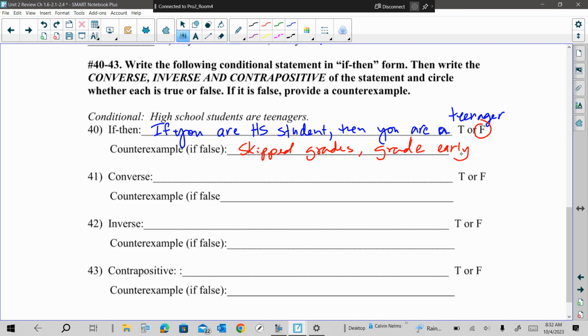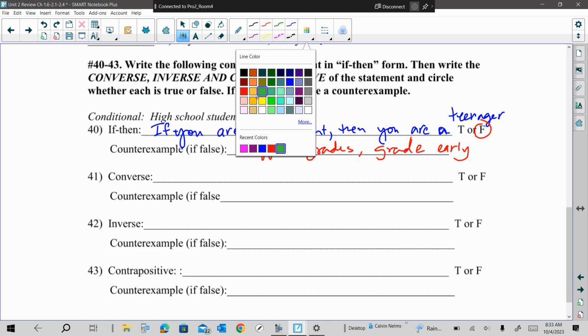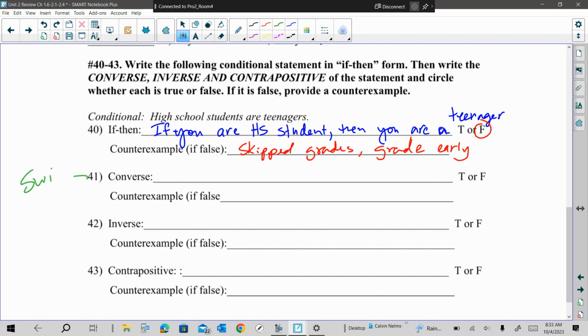So now taking this if-then, we're going to write the converse of that. The converse means we're doing a switch. Yep, if you are a teenager, comma, then you are a high school student.